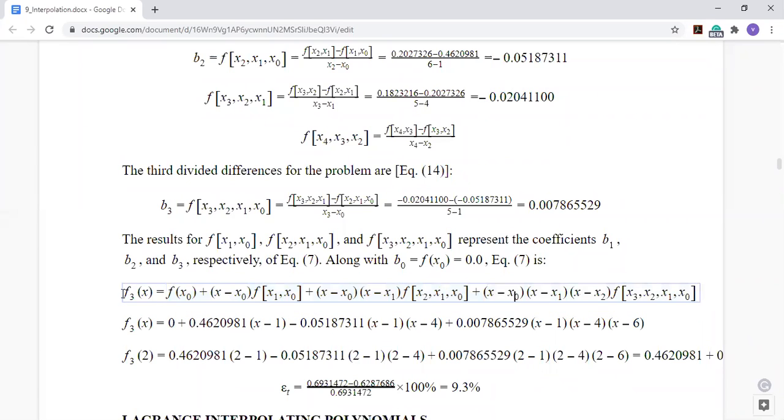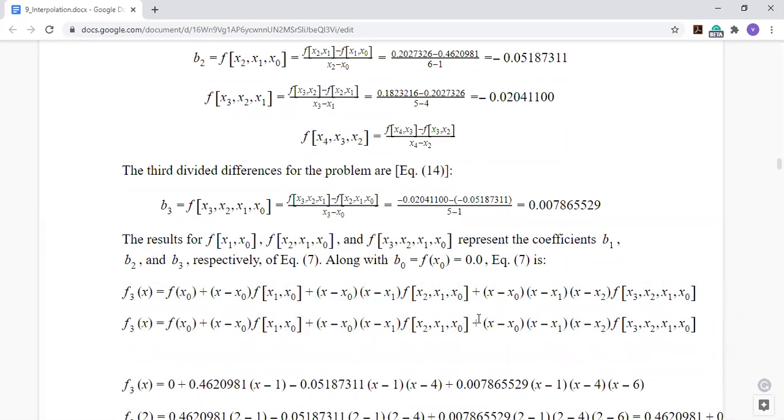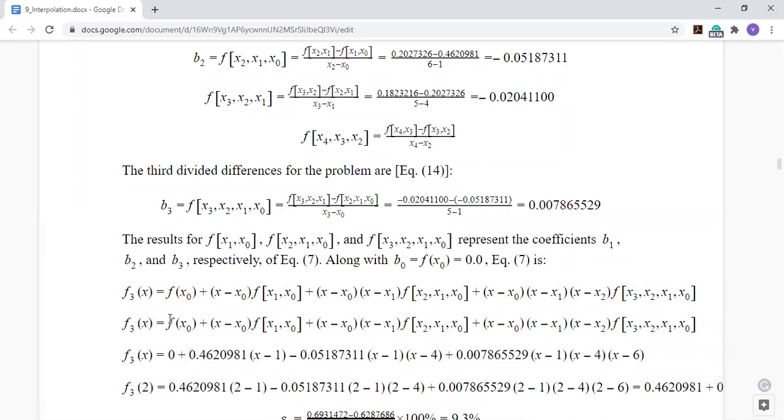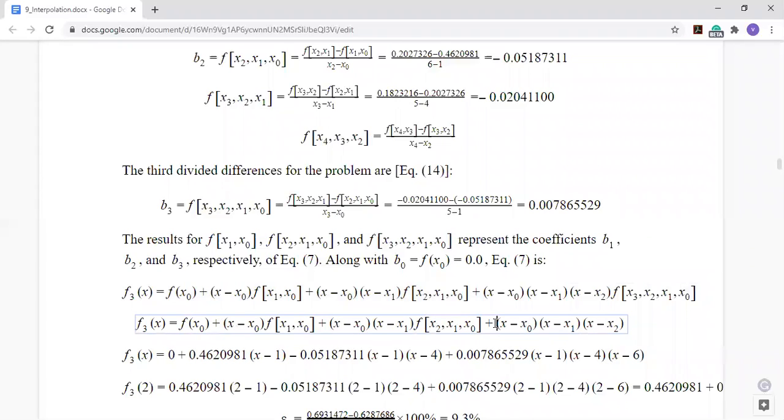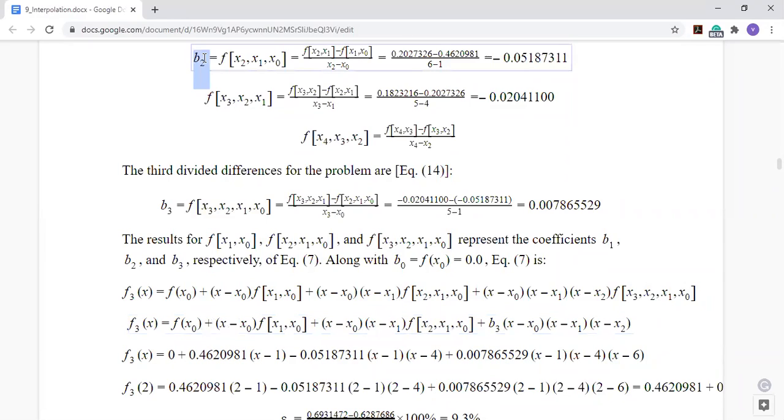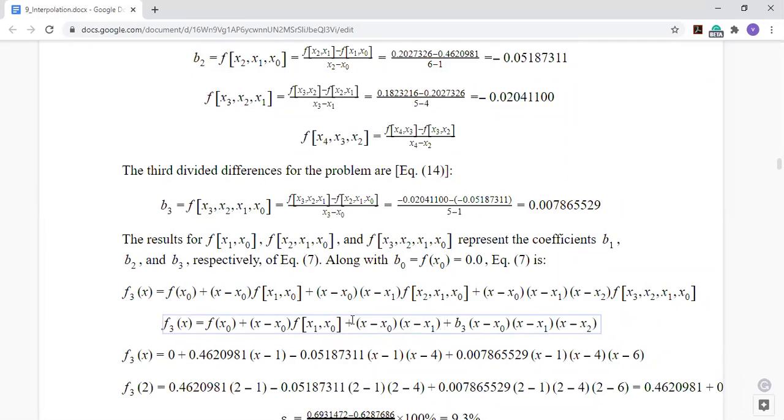So using this equation, let me just copy this equation. This is the equation we need, so we have everything we need. Here is B3, then here is B2, so let me delete it and replace it with B2.